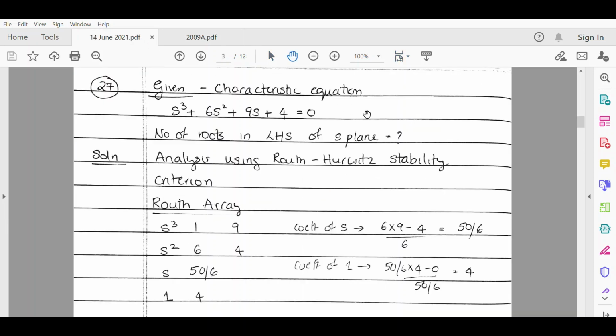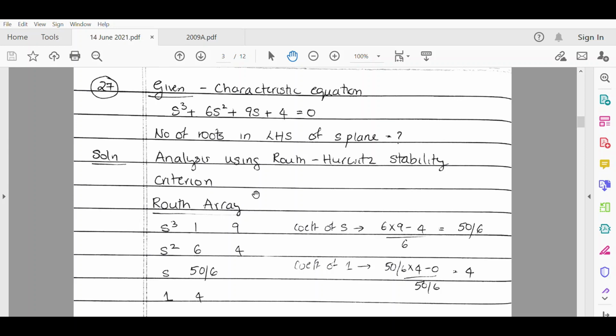Now the given data is the characteristic equation, and the number of roots in the LHS of S plane has to be determined. We can find this using Routh-Hurwitz stability criterion, and applying it, we first form the Routh array.